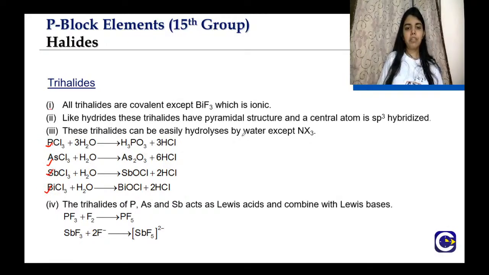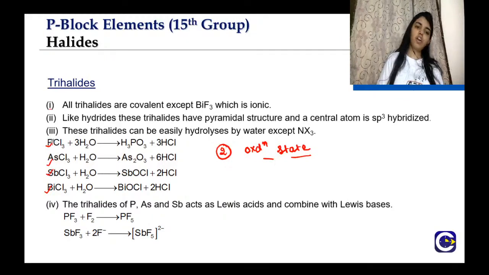Now the second point about hydrolysis is that the oxidation state of the central element remains the same. Oxidation state remains the same, right? For example, what should be the oxidation state of phosphorus in PCl3? Tell me, what is the oxidation state of phosphorus in PCl3?